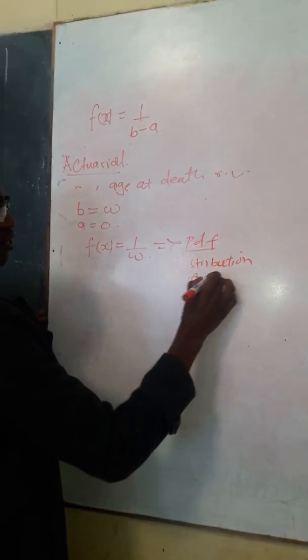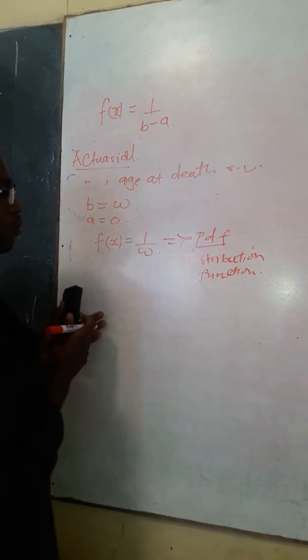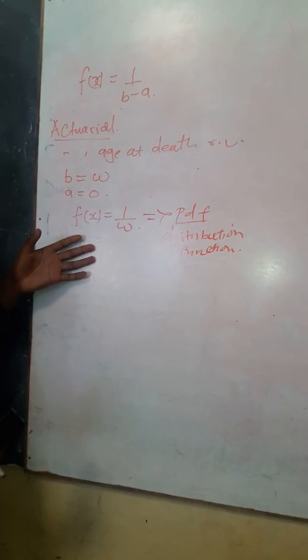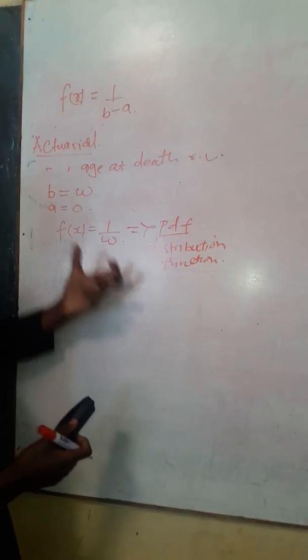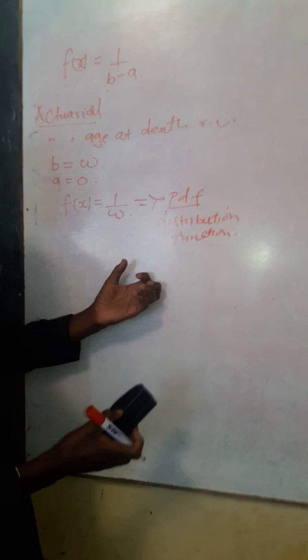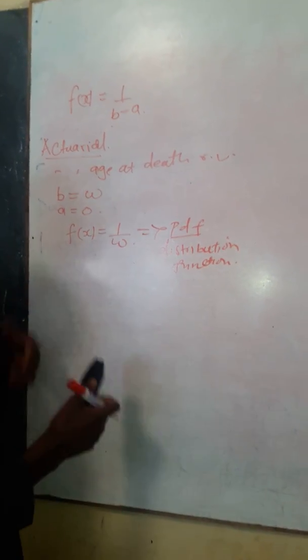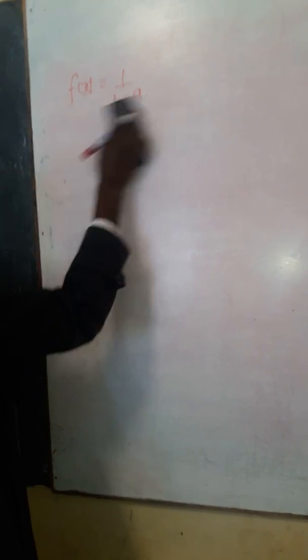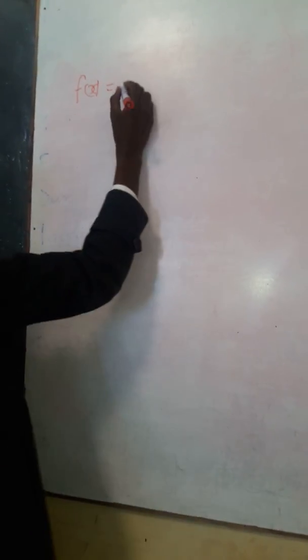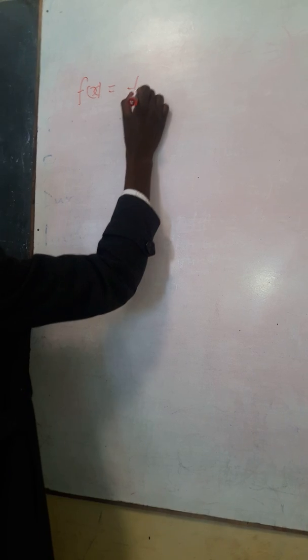Now I want to take you from the distribution function to the cumulative function, then the survival function, and then we'll tackle one example and call it a lesson. From here we have f of x as 1 over omega.